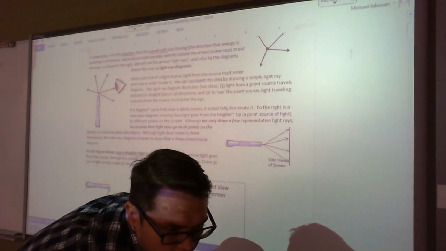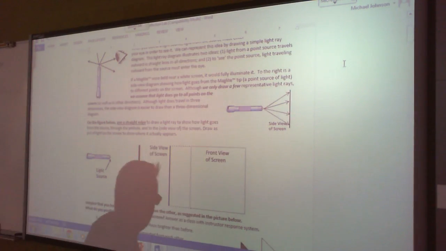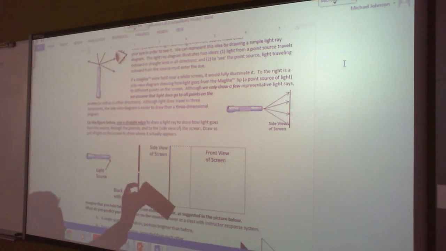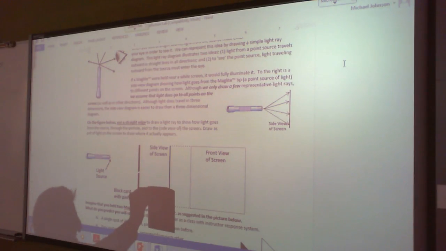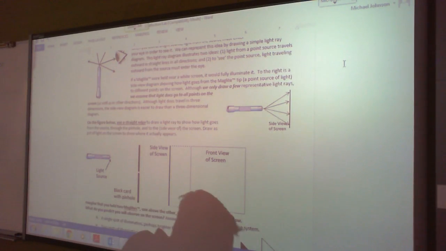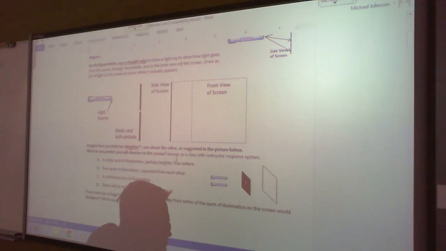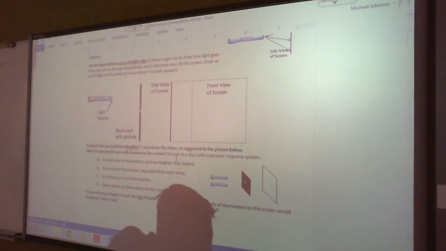So what we're going to have is this light source here, and this pinhole that light is going to be shining through. So I'm going to go ahead and turn this off for a second. And first, we're going to take a look at what happens as we shine light through this pinhole.